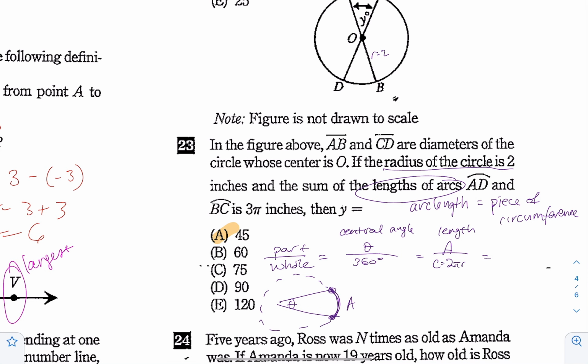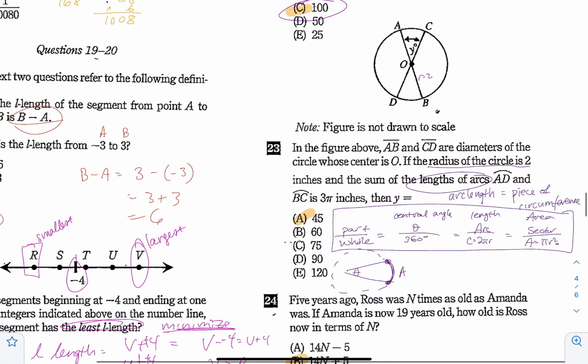Is equal to the area, which is called the sector area, which is this entire slice of pizza, divided by the area of the circle, which is pi r squared. So here, everything is super proportional in a circle.